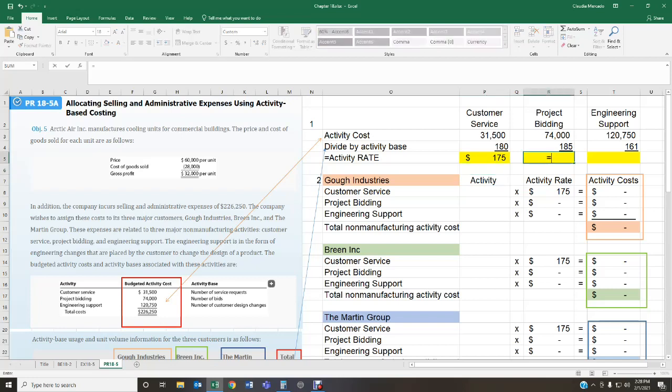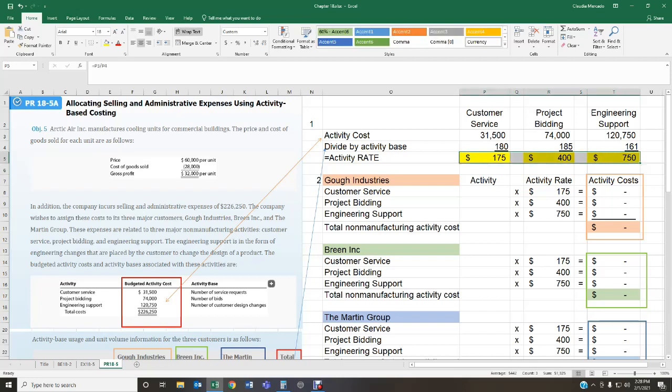We're going to do the 74,000 divided by the 185. That means I'm going to have $400 for every bid. And for my engineering support, I'm going to get my $127,550 divided by my 161. I'm going to get $750 for every engineering support case.